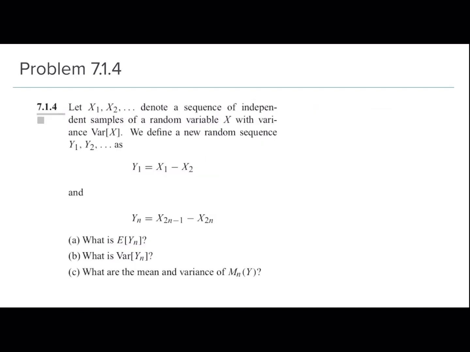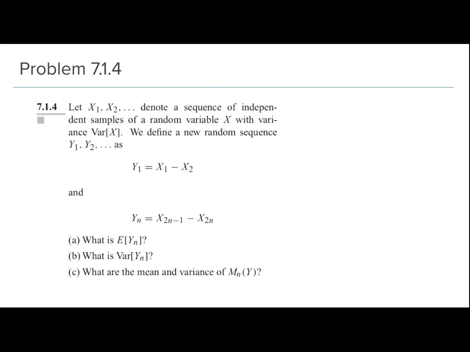Right, so let's move forward with the next problem, which is problem 7.1.4, and the question says: let X1, X2, and so on denote a sequence of independent samples of a random variable X with variance of X. We define a new random sequence Y1, Y2, as Y1 is equal to X1 minus X2 and Yn is equal to X of 2n minus 1 minus X of 2n.